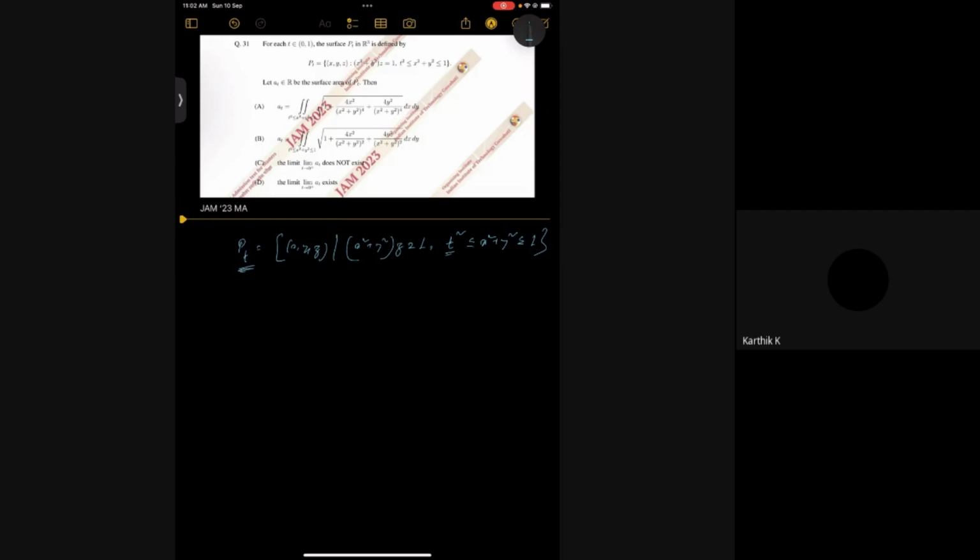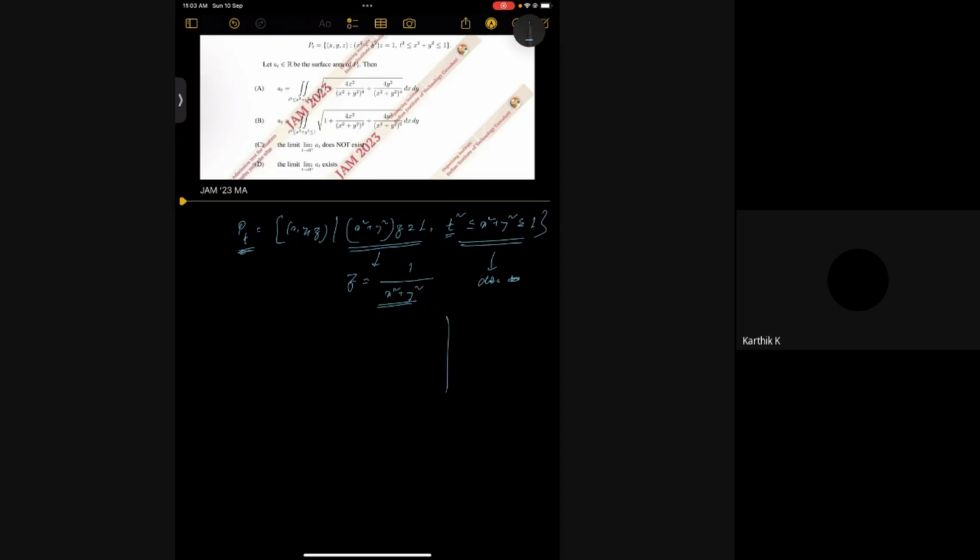So see, from this part you can see z as a function of x and y like this. z is equal to 1 by (x squared plus y squared). And from here you can see the projection of the surface on the xy plane. It is nothing but a punctured disk, or rather a hollow disk, with x squared plus y squared lying between t squared and 1.